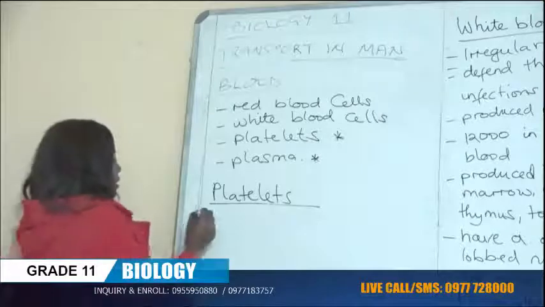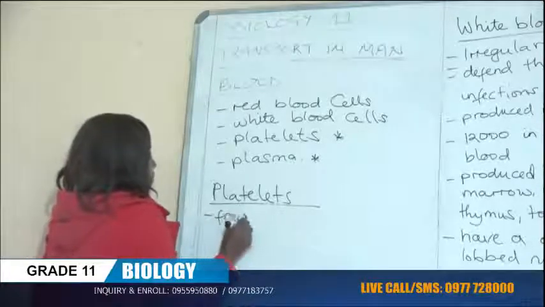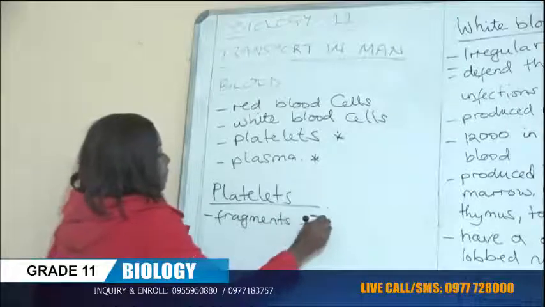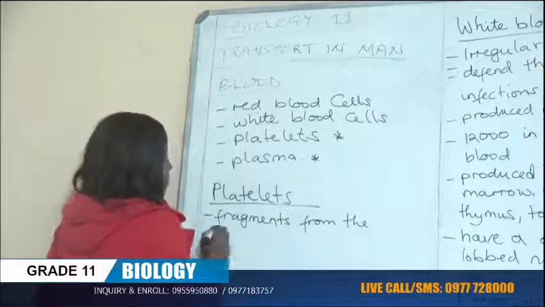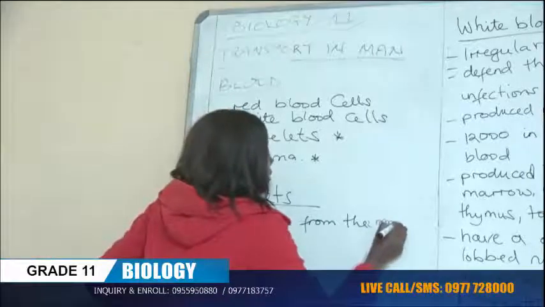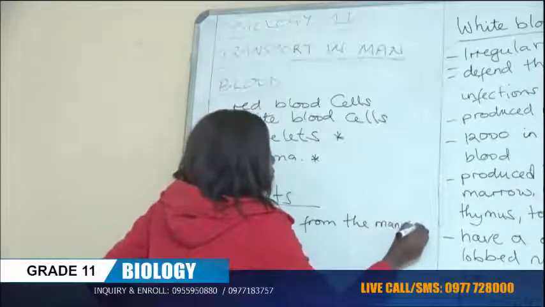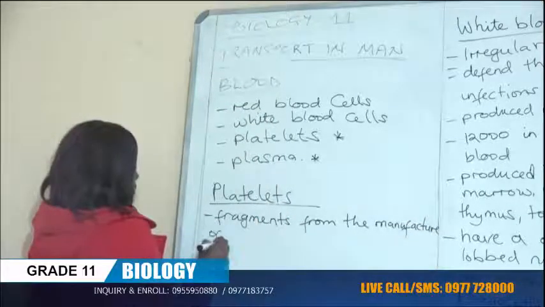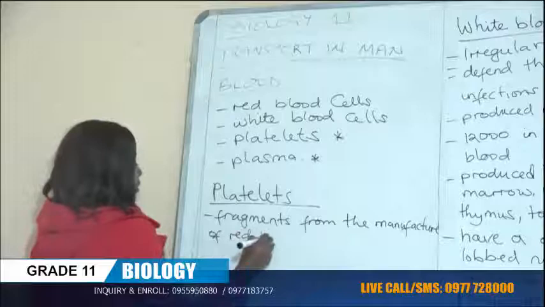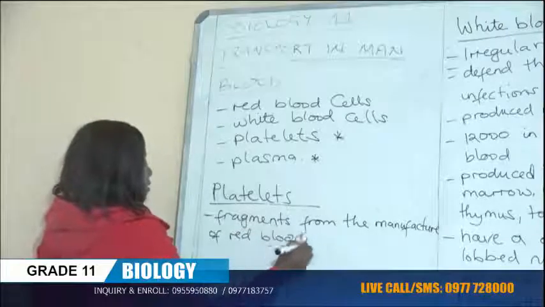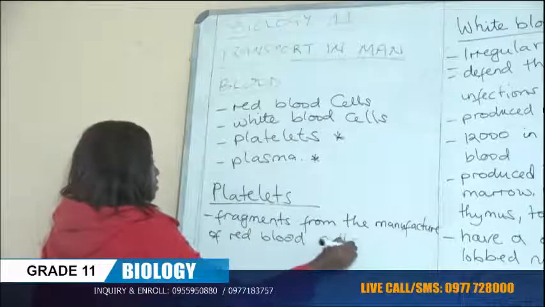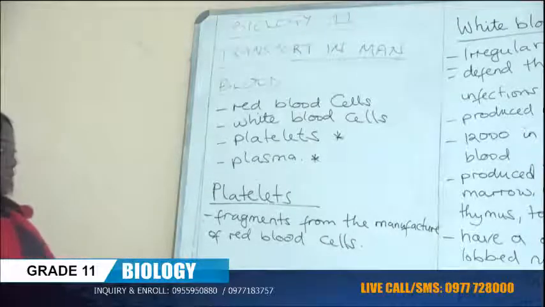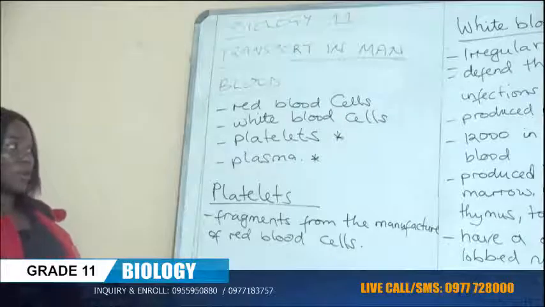Okay, so they are fragments from the manufacture or formation of red blood cells, and their size is about a quarter of a red blood cell.